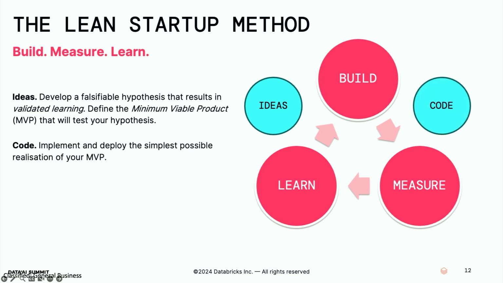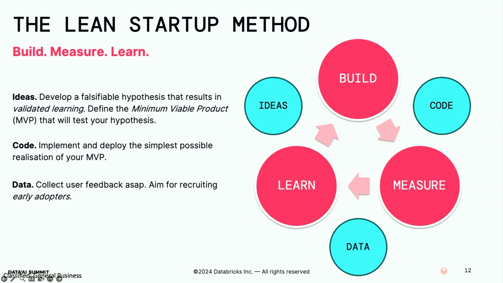Okay, so we have our hypothesis, and then we should write some code. You basically just implement and deploy the simplest possible realization of your MVP. You want to spend as little time as possible coding. And then you want to release it to your users so that you can collect data. Aim for recruiting early adopter type users. Those are the kind of users who really have the problem that you're trying to solve.